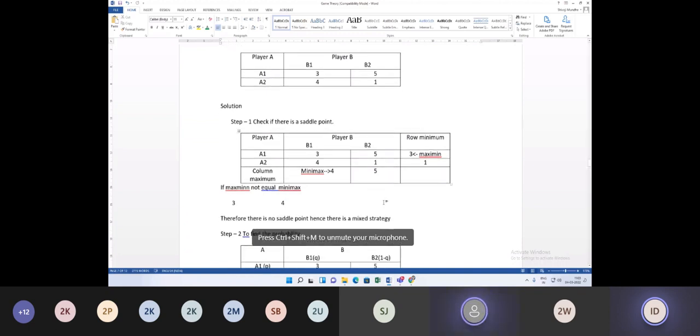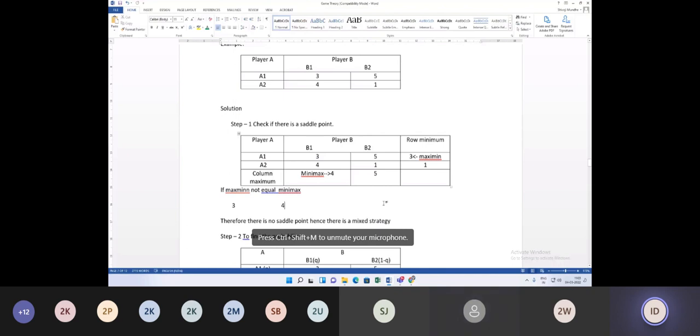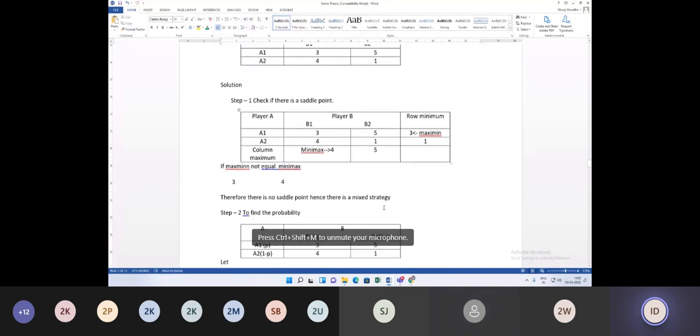Now we go to the next step, step number 2, find the probability. Come on, copy the table. Player A and player B. A1, A2 strategies, B1, B2 strategies. Same values, that is the payoff matrix 3, 4, 5, 1.